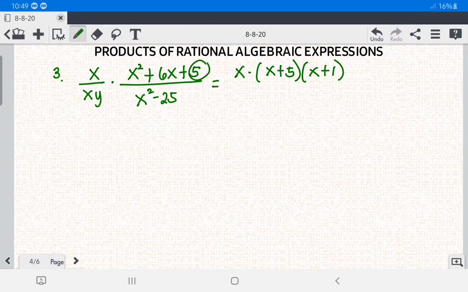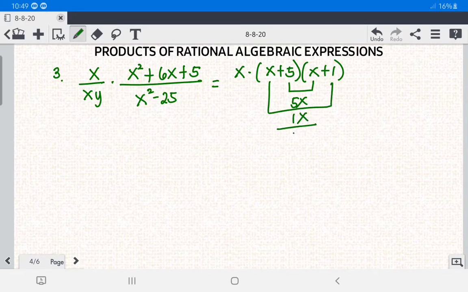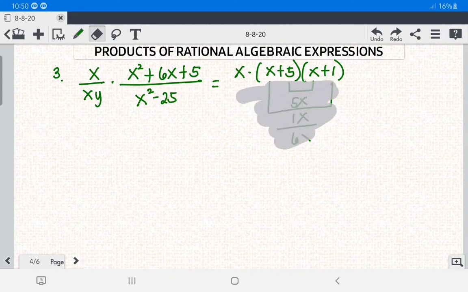Then factors of 5 are 5 and then 1, right? Then if we're going to multiply 5 times x, we have 5x. X times 1, we have 1x or x only. If we're going to add, that is 6x, which is the middle term, right? Okay.